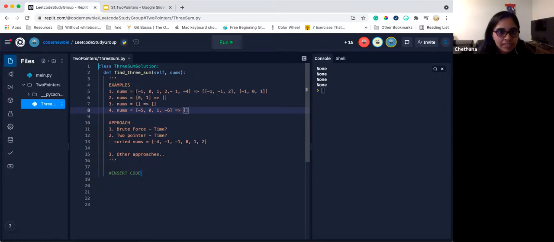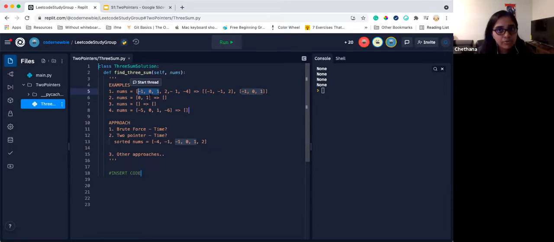Okay, in this particular case, we have -1, 0, 1, 2, -1, and -4. For this, the output is going to be this. Let's talk about why or how. We have a -1 here, and then we have 0 and 1. I'm doing this haphazardly, as a human being would, just looking at the input and trying to see if we can add that to the results.